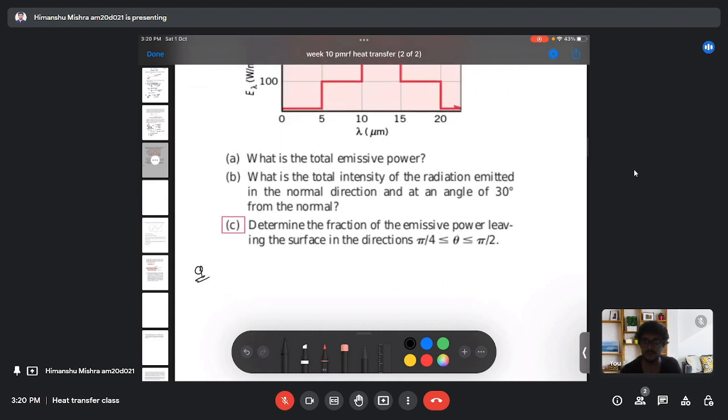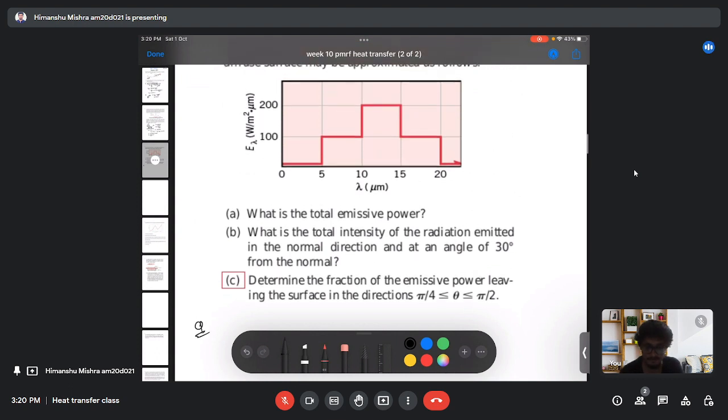We need to determine the total emissive power, and in the plot we are given the emissive power at different wavelengths. We can see that at different ranges of wavelength my emissive power is different. So to calculate the total emissive power, I need to take the summation of all the emissive power. Let's say this is my E1, and this is my E2, E3, E4, and so on. The summation over the ranges of wavelength will give the total emissive power.